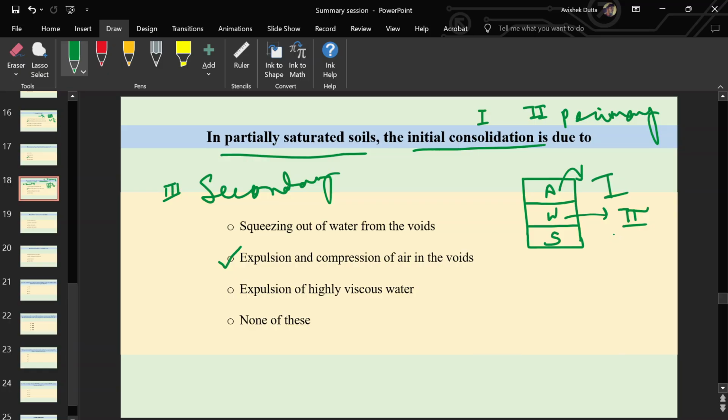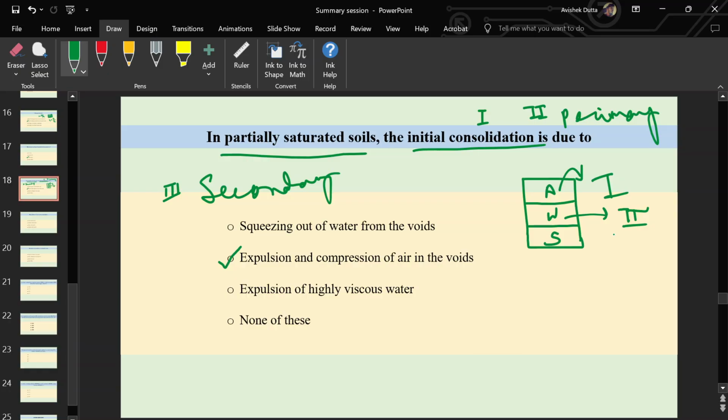So, in partially saturated soils, initial consolidation means at first, in the three-phase system, the air from the voids will be expelled out, leading to compression. Then in the second stage, the primary consolidation stage, the water will squeeze out from the voids. That is the first option, for primary consolidation, but initially it is the air.